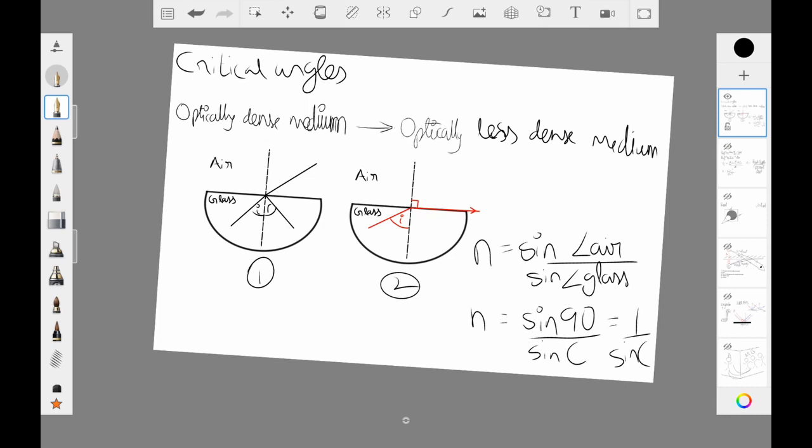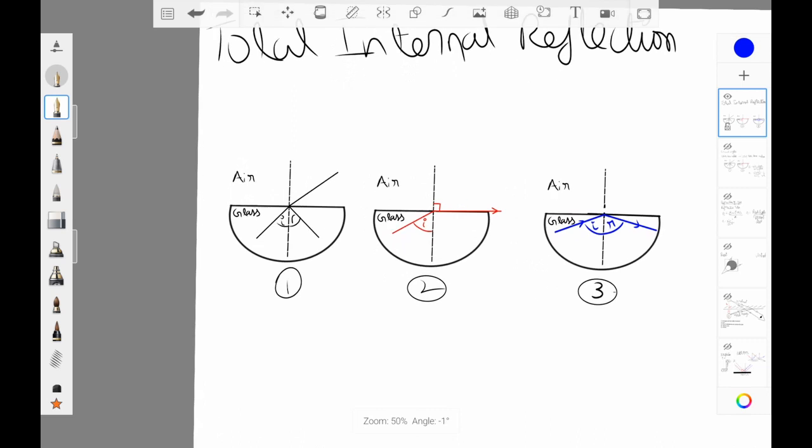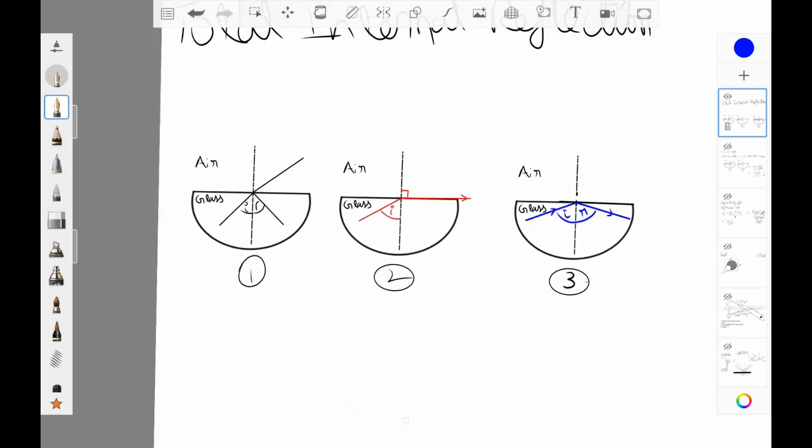And now that we have considered critical angles, we can move on to total internal reflection, which builds upon the concept of critical angles. As I mentioned before, in diagram 1, we considered a possibility where the incident angle is small enough for both reflection and refraction to occur as light goes from glass to air.